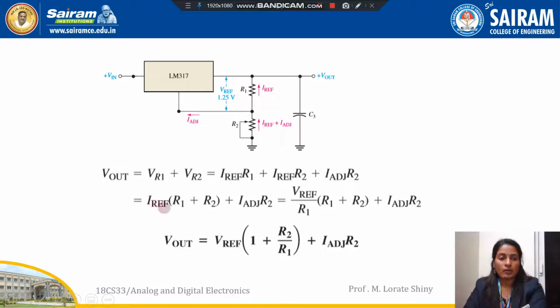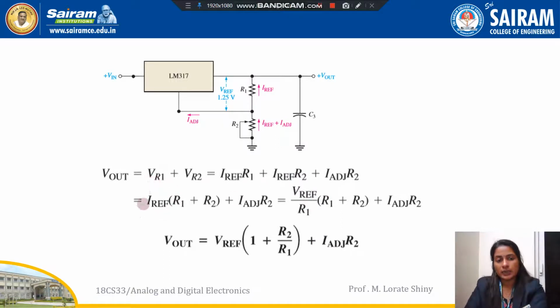Here I reference is common, we can take it out. If you take it out, we will get I reference into R1 plus R2, plus I ADJ into R2. This is equal to V reference by R1 into R1 plus R2, plus I ADJ into R2.